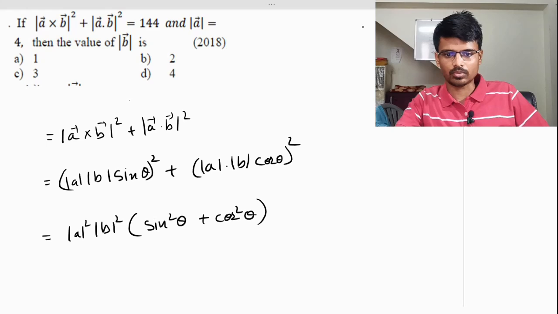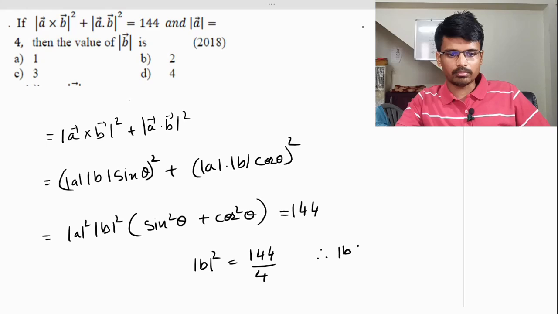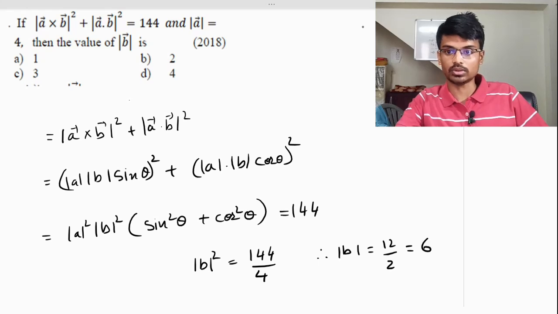It is equal to 1, and this is equal to 144. I just need to substitute the values and I can find the magnitude of vector b. So let me quickly do that. Therefore magnitude of vector b is equal to 12 by 2.